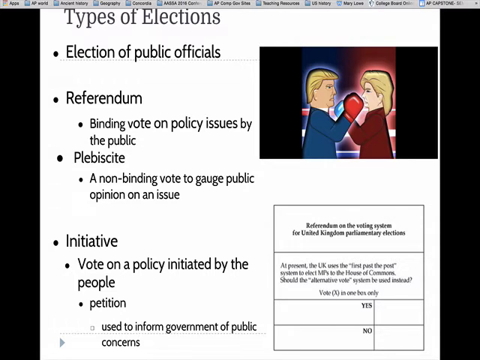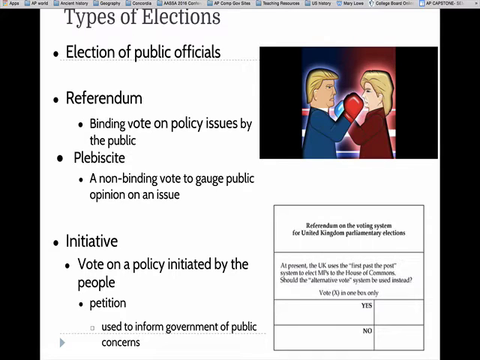A third type of election is something called an initiative. An initiative, unlike a referendum or a plebiscite, which is an action taken by the legislature to try to get the opinion of the public, is instead the public trying to influence the legislature or the government.